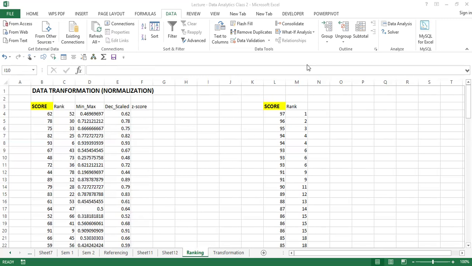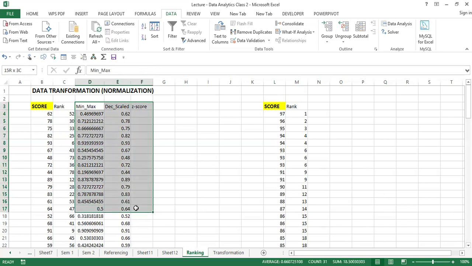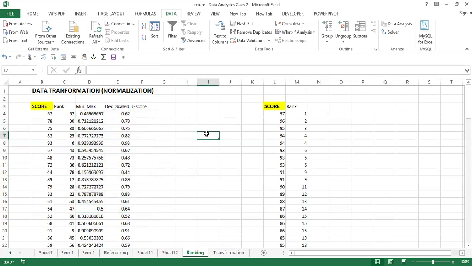So it's a requirement in some data analytics processes. That's why it's an important topic in data analytics. Very important. In fact, data transformation is part of the data preparation process. In data preparation, we do things like data cleaning, data validation, data transformation.